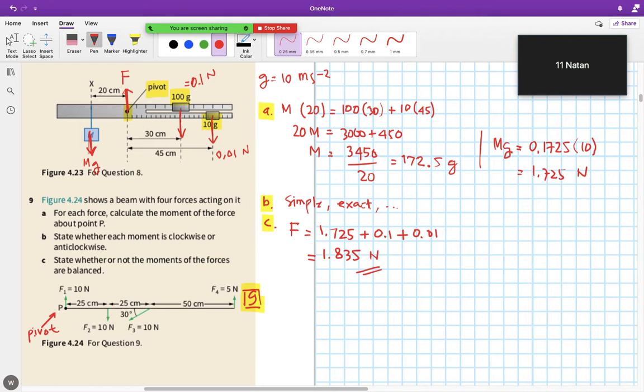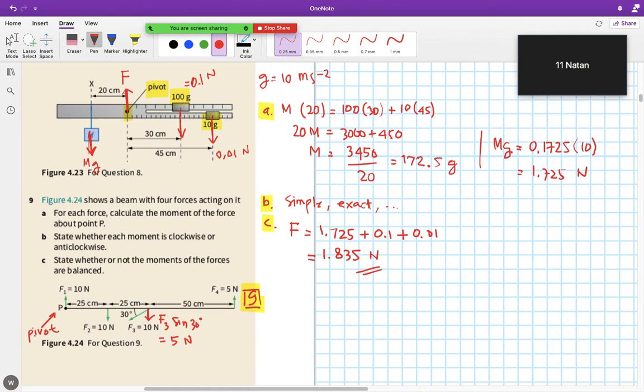But for force 3, we need to use the perpendicular component, F3 sine 30. Let's say F3 is 10, sine 30 is a half, so the same as 5 Newton, already in a right angle.